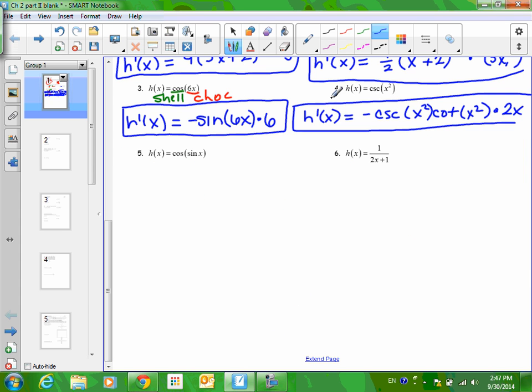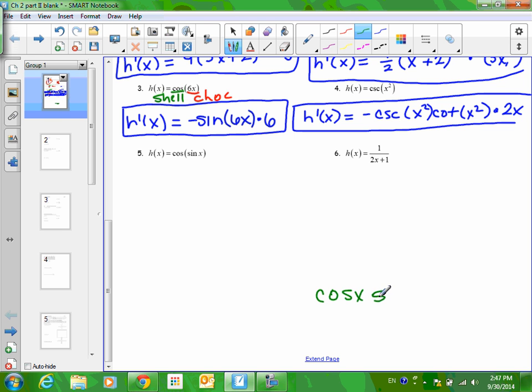Okay, so number 5. Is this cosine times sine? Okay, so if this was cosine, that's okay, this is why I'm asking it. If this was cosine times sine, it would be cosine x times sine x. Let me write this down here.